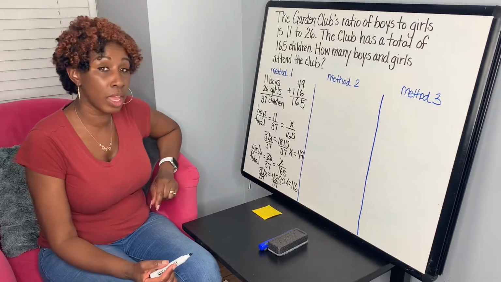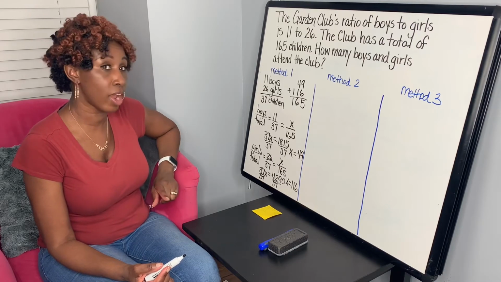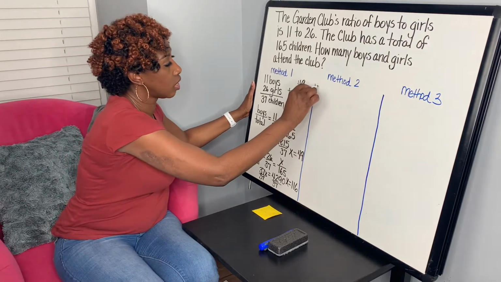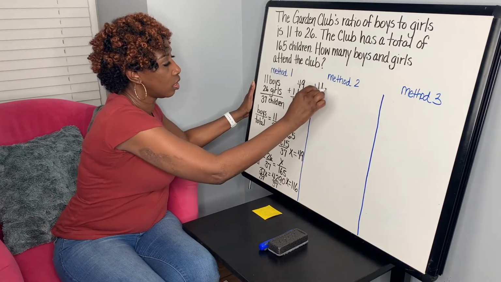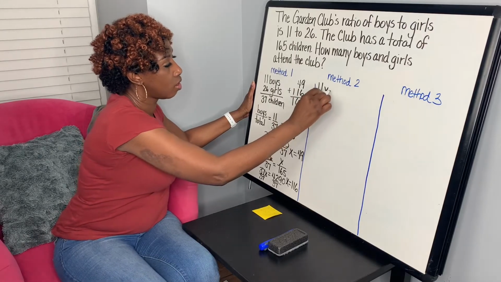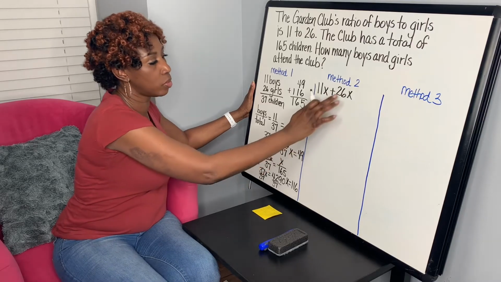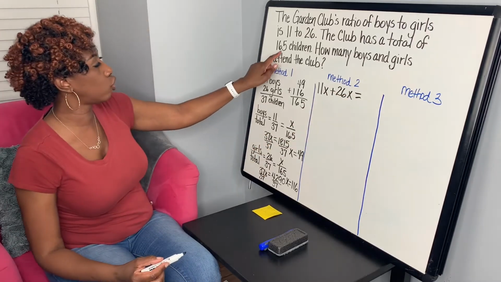I'm going to write an equation and solve the equation. This is how I'm going to write my equation. I'm going to use the ratio that I was given. I'm going to say 11x, because 11 represented the ratio for the boys, plus 26x, because that represented the ratio for the girls. And I'm going to set that equal to the total number of children that I had.